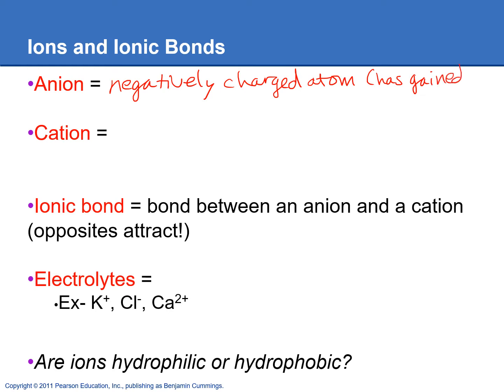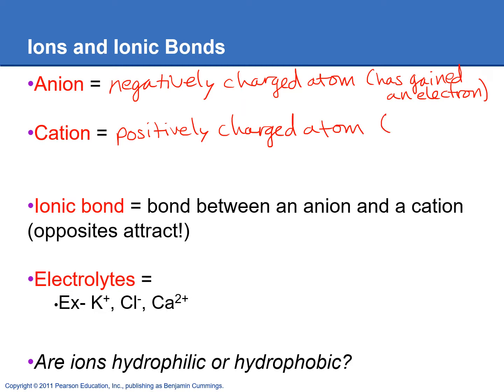And it has gained one or more electrons, and that's where that negative charge comes from. And then a cation has a positive charge. And that's because it's lost one or more electrons.